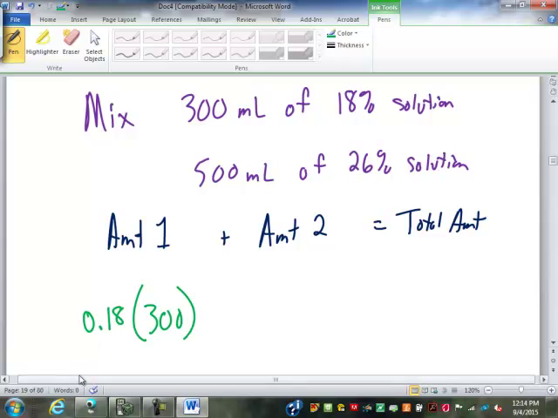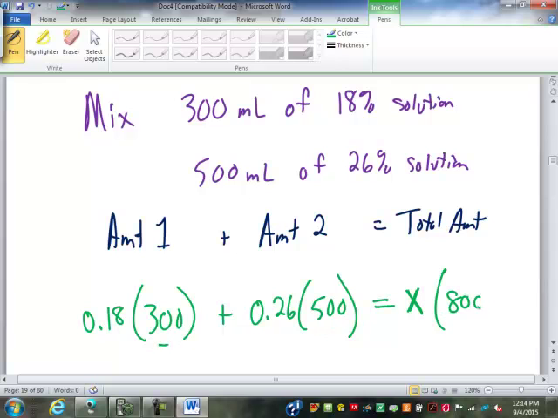That is the amount of solute in the first solution. Plus the amount of solute in the second solution is 26%, so 0.26 times 500 milliliters. Now my total amount, I don't know the concentration, so that's going to be x, times, do I know the volume? Yeah, 300 plus 500 means 800 milliliters. Has to be the volume.